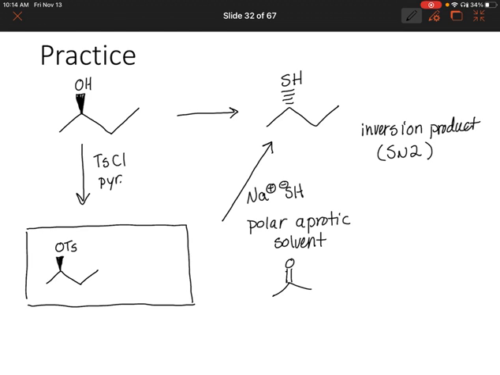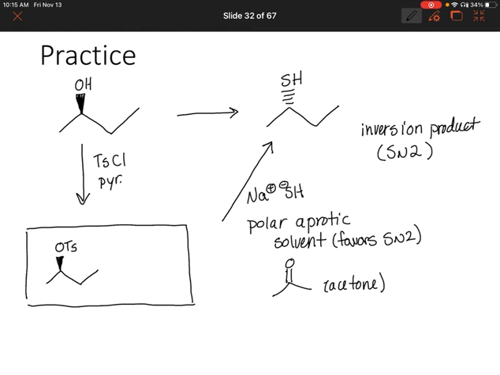And acetone dissolves a lot of things, so that should work. So again, polar aprotic solvents favor SN2 reactions. And down here we have acetone. All right, and then we know from previous discussions that in an SN2 reaction, we end up with only the inversion product.